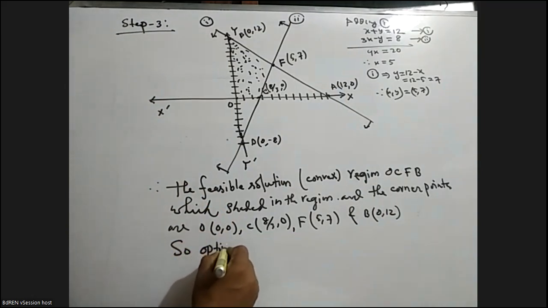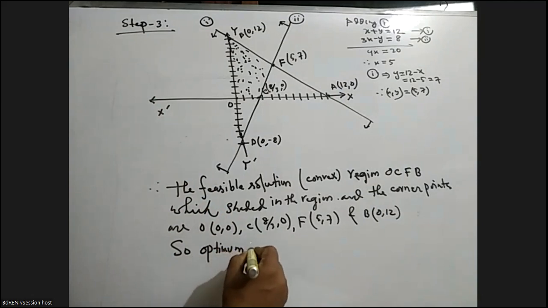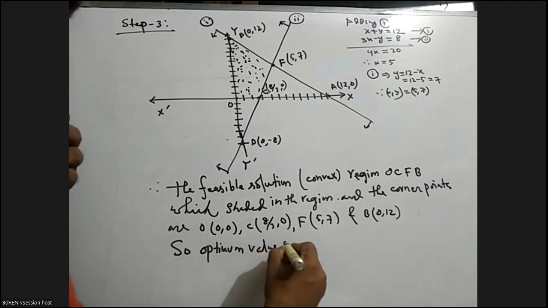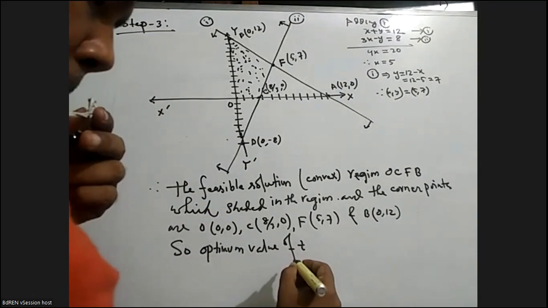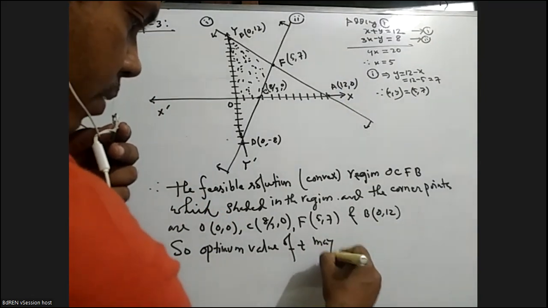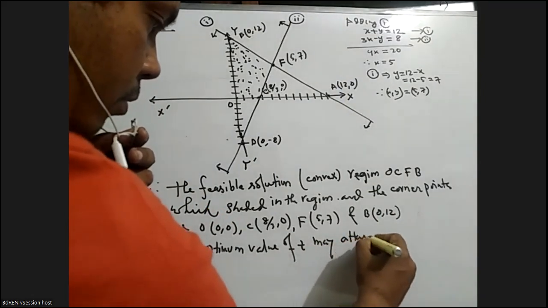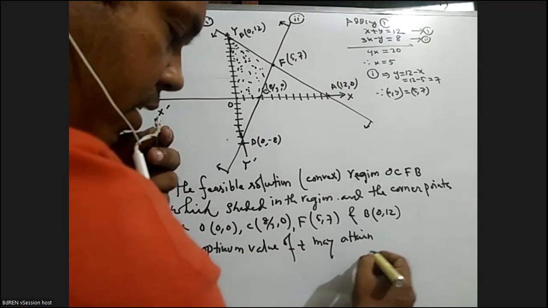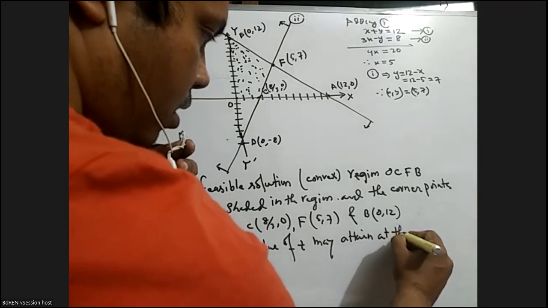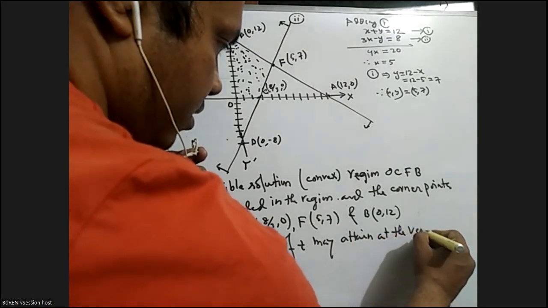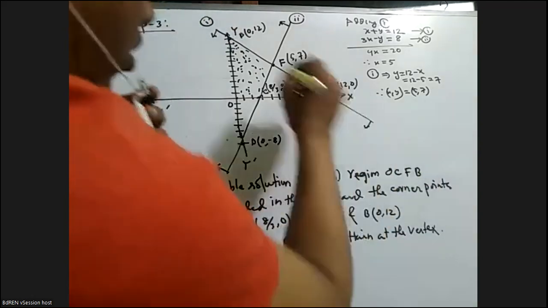So the optimum value of Z may attain at the vertex or corner points.